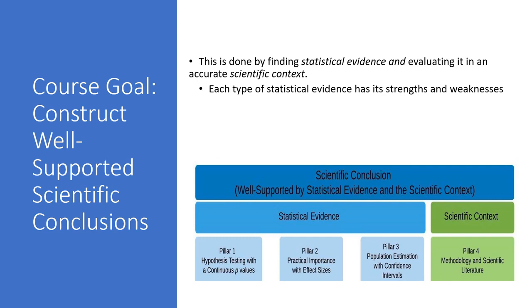These three different types of statistical evidence have their own strengths and weaknesses. And in order to use statistical evidence well, you really need to have all three of these things. They collectively will support a scientific conclusion. If you remove any one of those, your scientific conclusion is going to be missing some support that's needed.